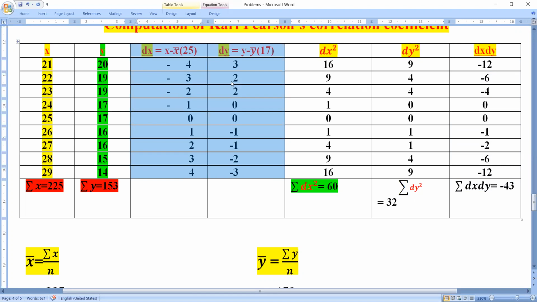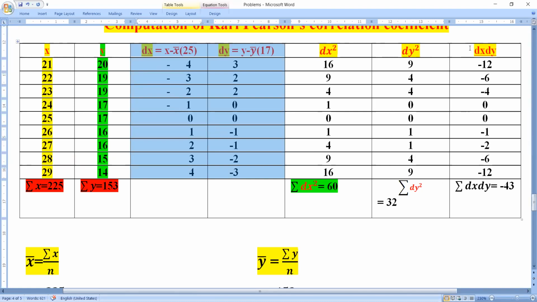Minus 3 into 2, minus 6. Minus 2 into 2, minus 4. 1 into 0, 0. 0 into 0, 0. 1 into minus 1, minus 1. 2 into minus 1, minus 2. 3 into minus 2, minus 6. 4 into minus 3, minus 12.